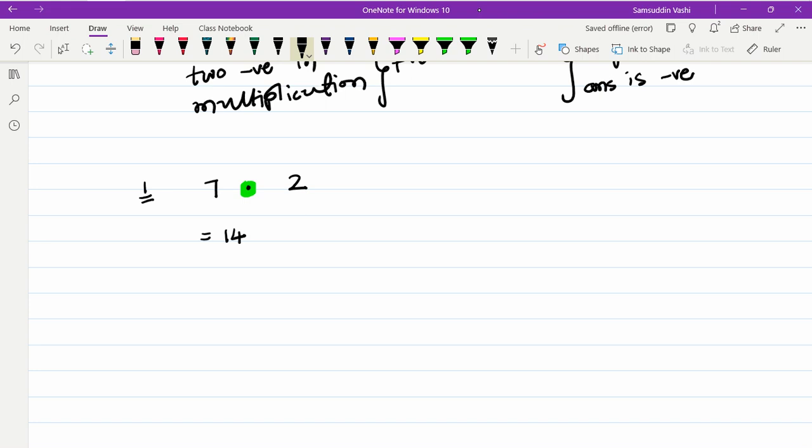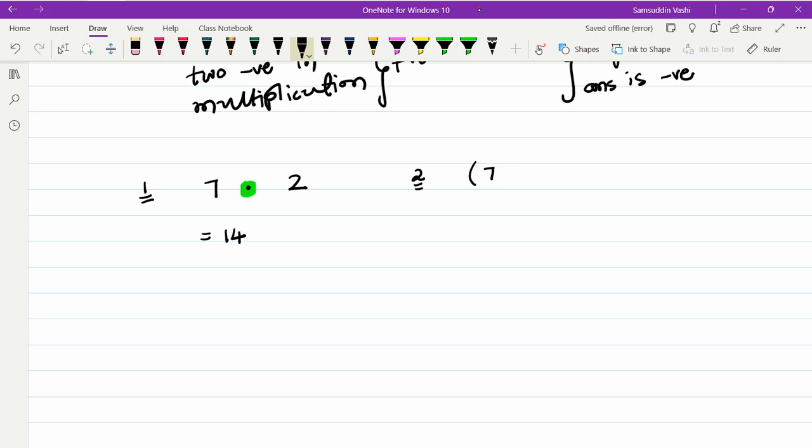So when we're talking about positive, we already know, right? When there is no negative, my answer is always positive. 3 times 2 is 6. We don't say negative 6, or we don't even think about negative 6, isn't it? Okay. Second example.